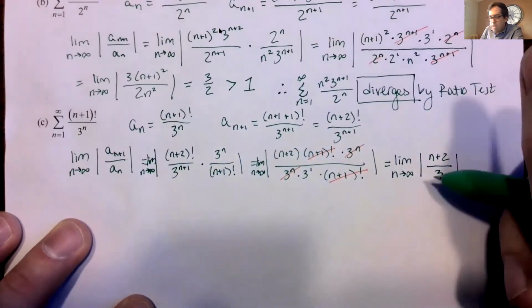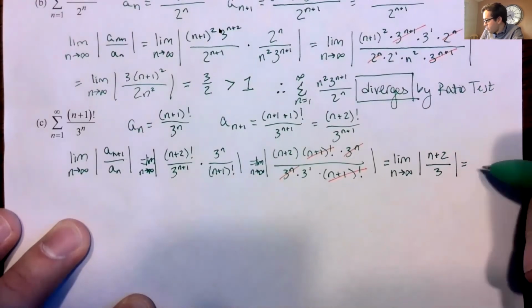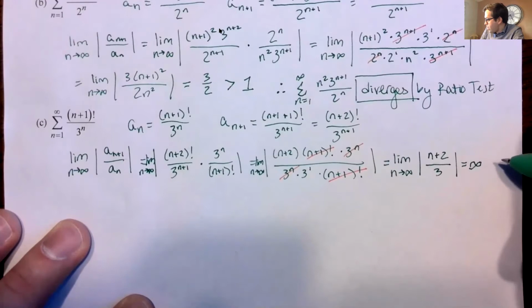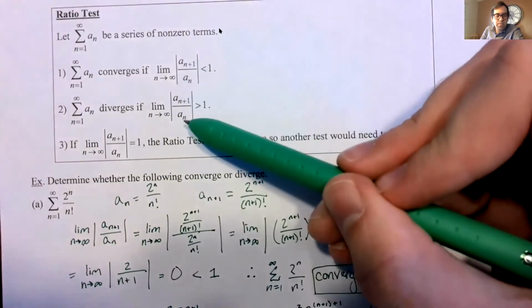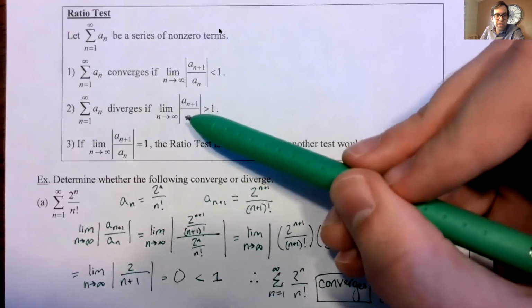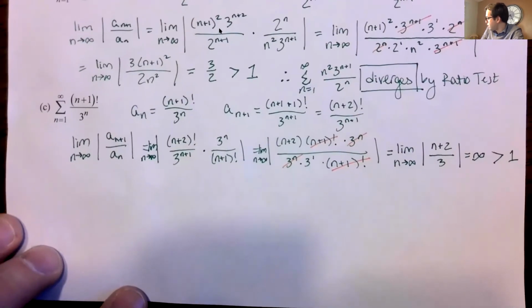And I'm pretty sure that if I plug in infinity here for n, that's just going to keep growing. So that is actually going to equal infinity. And that's greater than 1. The definition did not say that the limit had to be a finite number. So if it's infinity, that counts. That's greater than 1, so we can say that this diverges by the ratio test.